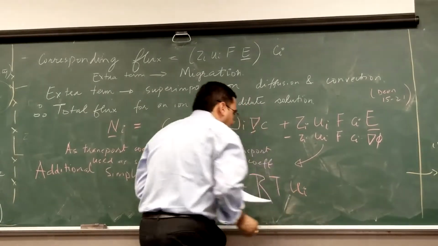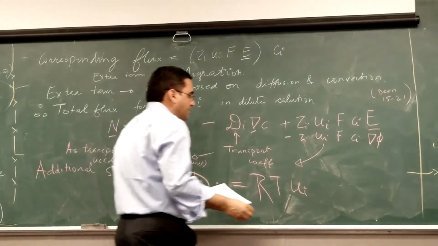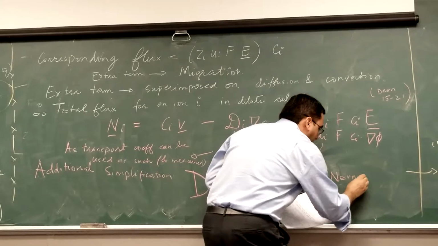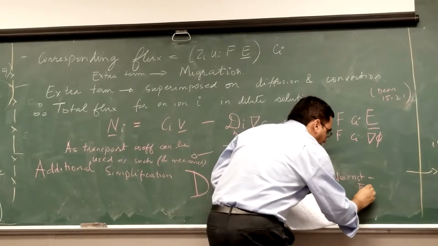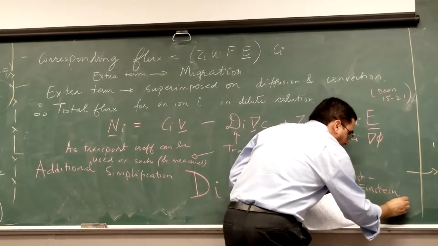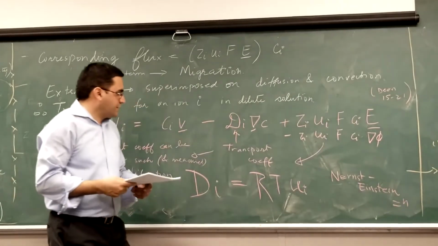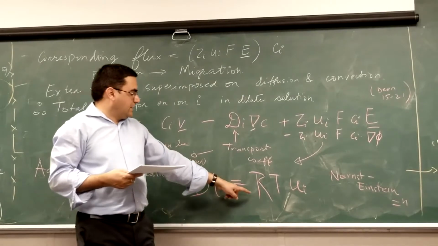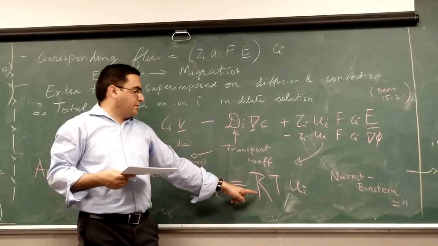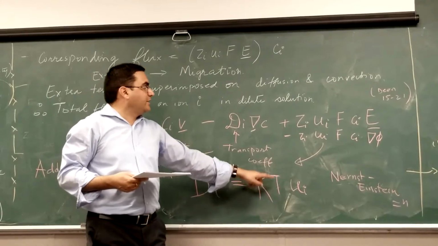So this is an equation that is called the Nernst-Einstein equation. And of course, some of you might recall we had written a similar equation called the Stokes-Einstein equation. In Stokes-Einstein, we had kT over the friction coefficient.